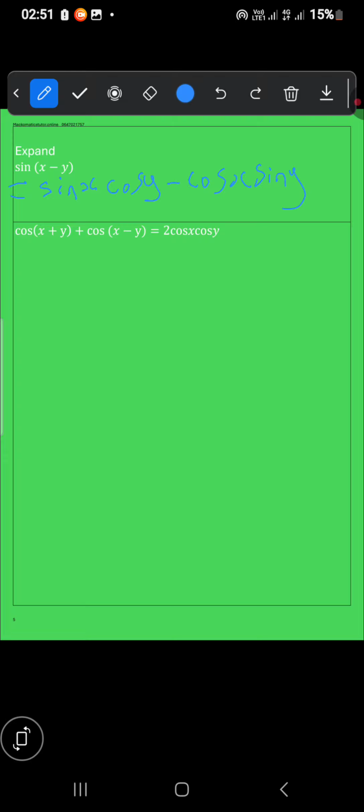So basically this is sine cosine. So I have expanded it in this way, right? Now they say we need to simplify this. Let's expand this.